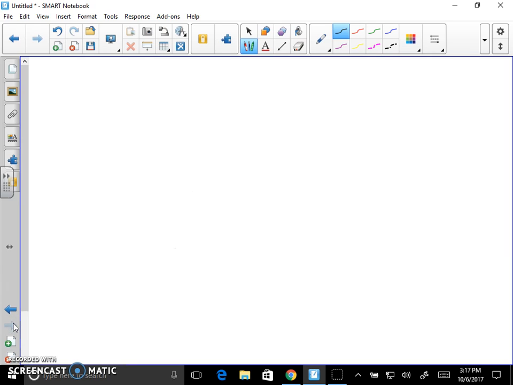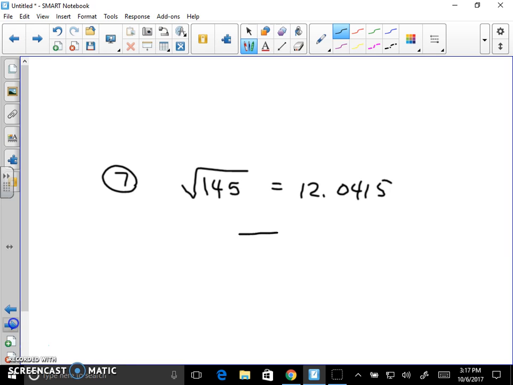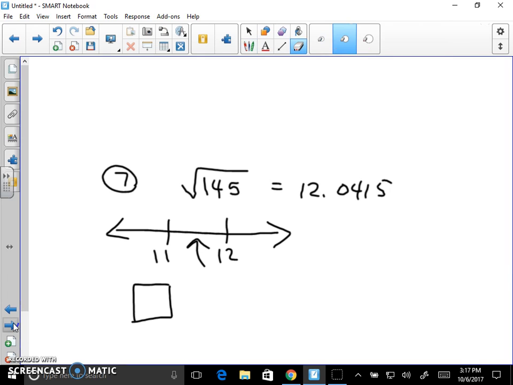Number 7, square root of 145 is equal to 12.0415. So let me do a little number line here, even though it doesn't ask for it. So you have 11 and then you have a 12. So you know it goes in here. So if I had to fill in these boxes, oops, I did that wrong.